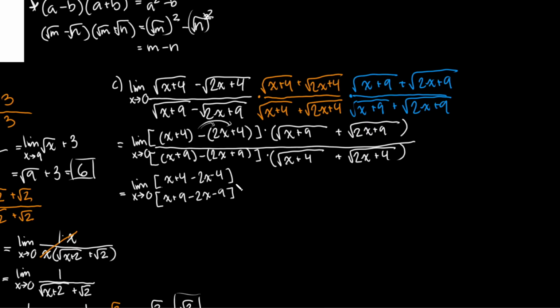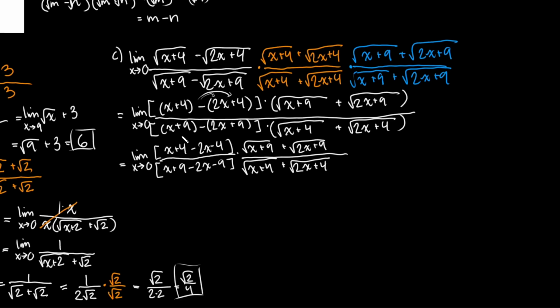And then, wait, let me draw the fraction bar. Multiplied by whatever stuff is left. So I'll just rewrite it like this. The square root of x plus 9 plus the square root of 2x plus 9. Same thing on the bottom, the square root of x plus 4 plus the square root of 2x plus 4.